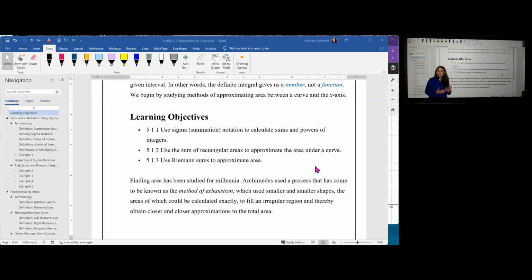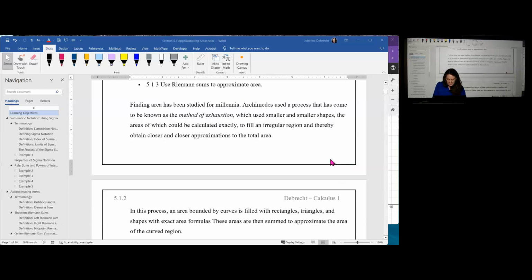The method of exhaustion was known to the Chinese, as I said, in 5000 before the Common Era, and probably before that as well. Archimedes used it as well around the turn of the Common Era as a process to approximate the area of some particular shape, such as a circle.